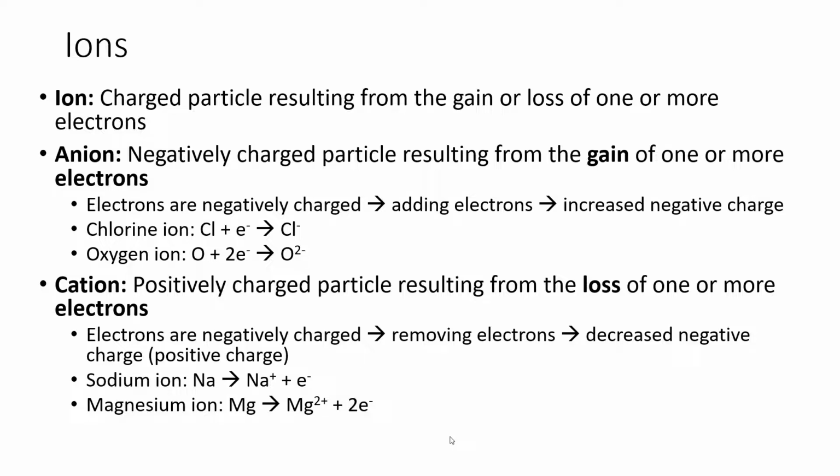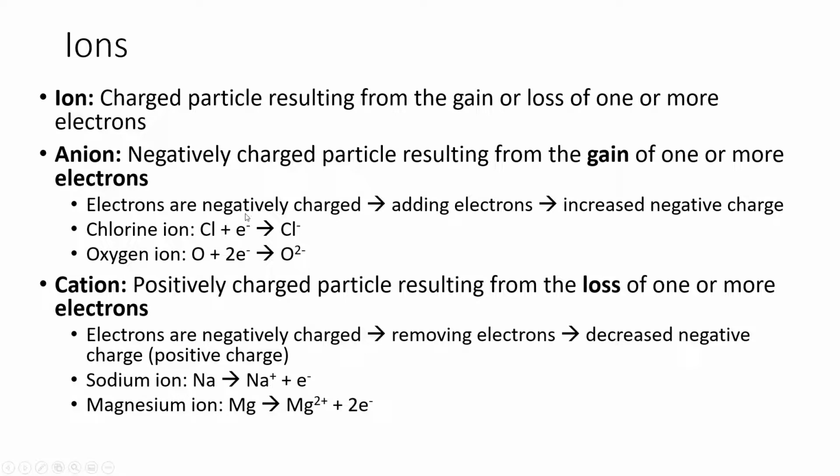Okay, so if we take a look first at our anions, they are negatively charged particles resulting from the gain of one or more electrons. And we know that electrons are negatively charged particles. So if we add a negatively charged electron, for example, if we look at turning chlorine into the negatively charged chloride anion, we take chlorine, which is neutral.